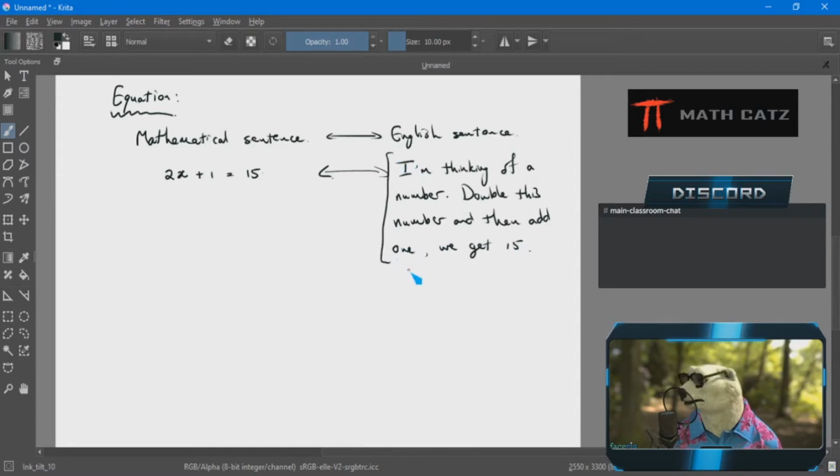This explanation in a familiar language can be translated to our mathematical language, and the translated version is an equation. It has an equal sign, which sort of acts as the verb. It has the information of doubling the number and then adding 1 and resulting in an equivalent answer of 15. But the mathematical equation isn't strange or different or new or extra or anything.